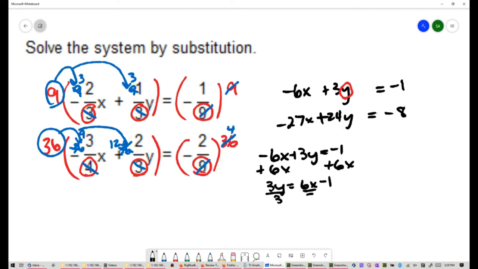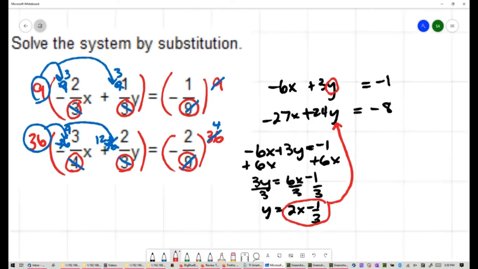Divide by 3, and I have y equals 2x minus 1/3. Then you're going to substitute that into the other equation. We were able to avoid fractions for a little while with clearing fractions, but because we had to use the substitution method, we couldn't avoid them totally.